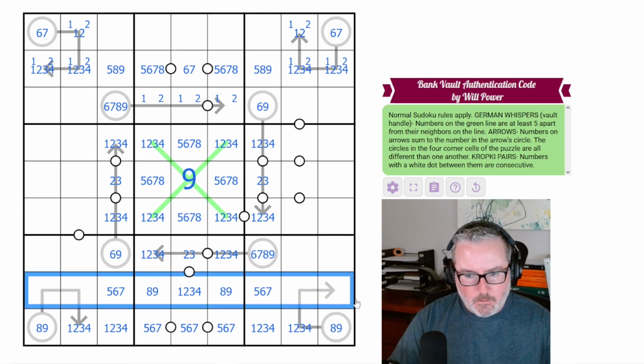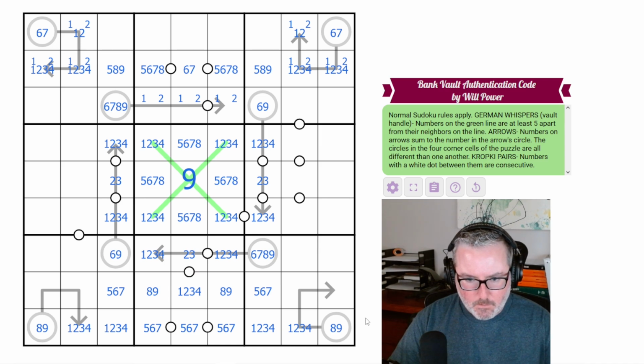Let's look, I guess, across this line again. Can we get anything out of it? See, things we can't really, because we can't say that any of the higher digits can't. Well, no, I guess we can.